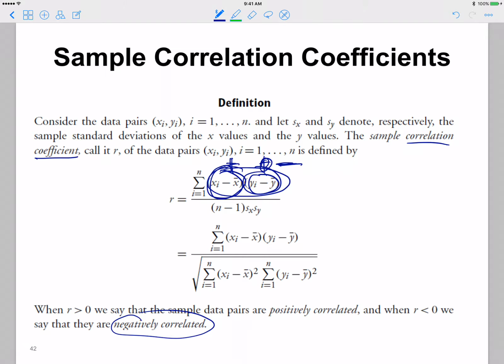And then for the next person, we compute that value and sum them up. Then we divide it by this value, which can be viewed as a kind of standard deviation of x only and y only.